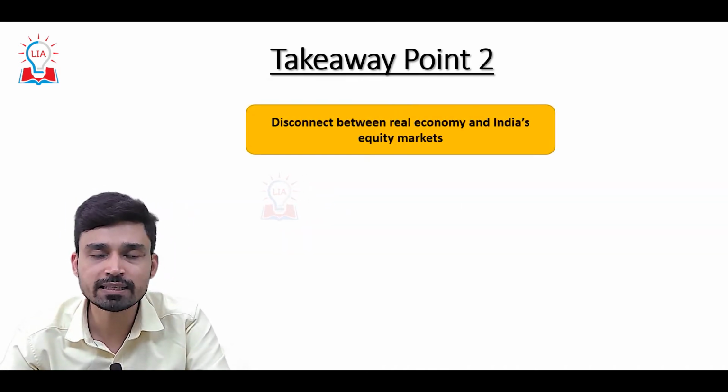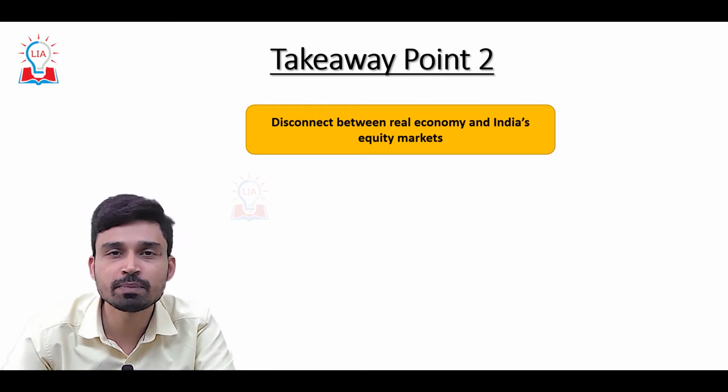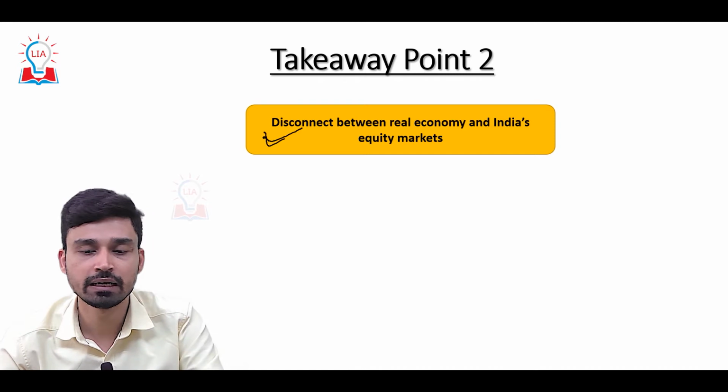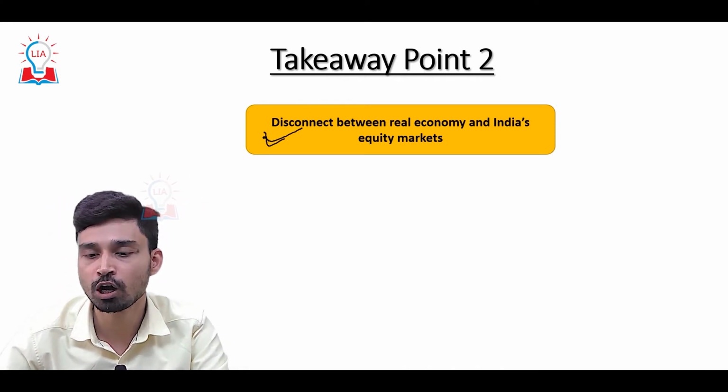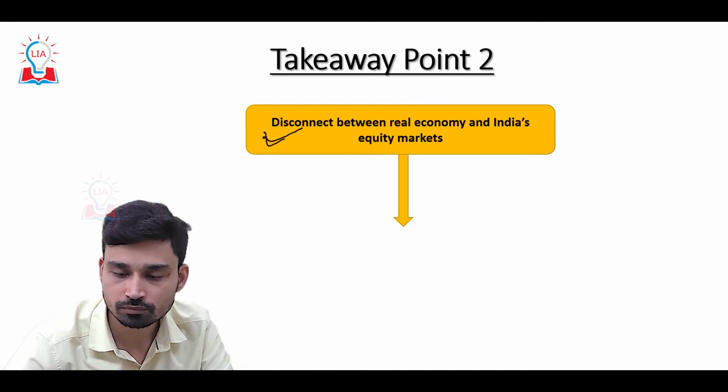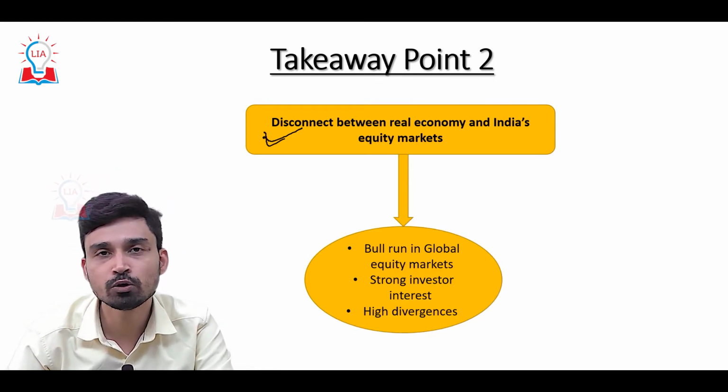The second takeaway point is what RBI has suggested, especially with reference to the Indian market: there is a very strong disconnect between the state of the real economy and how India's equity markets are responding or growing.